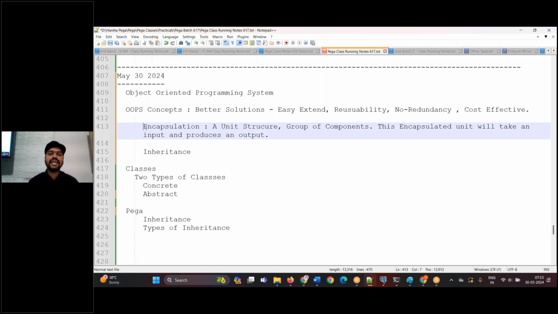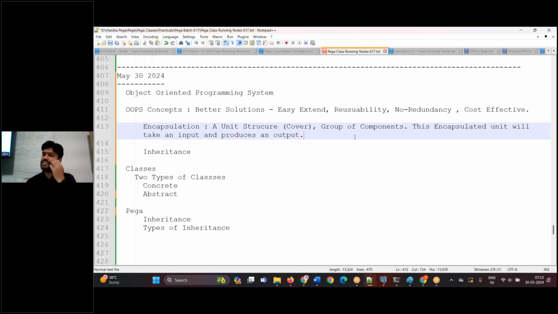That unit structure, they have named it encapsulation. Encapsulation is a unit structure, a grouping of components. It's like a cover which will cover some components. This encapsulated unit will take an input and produce an output.